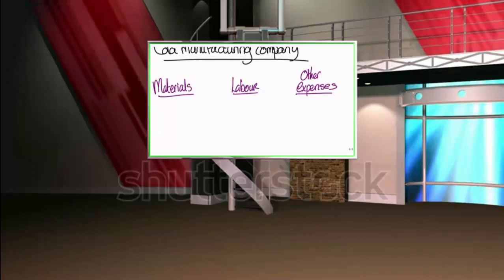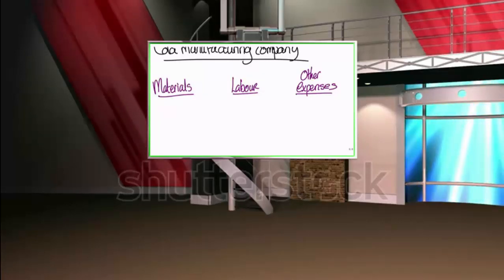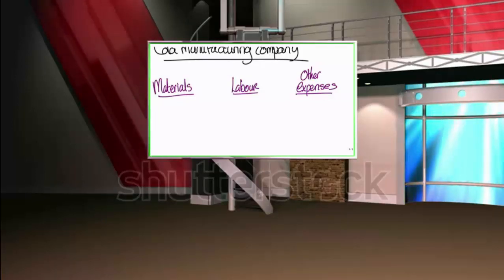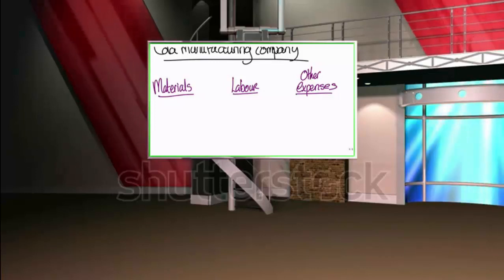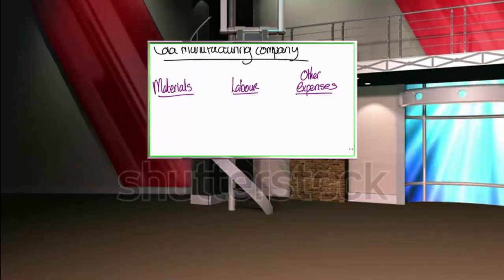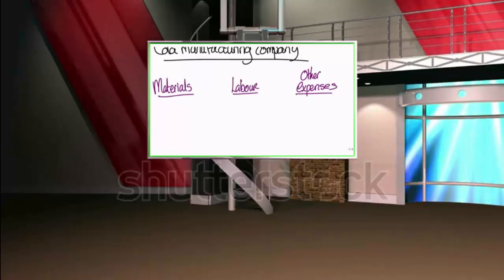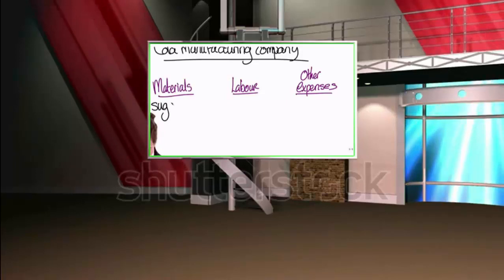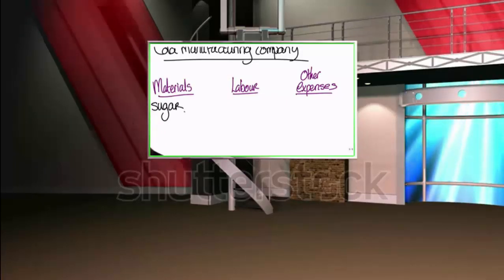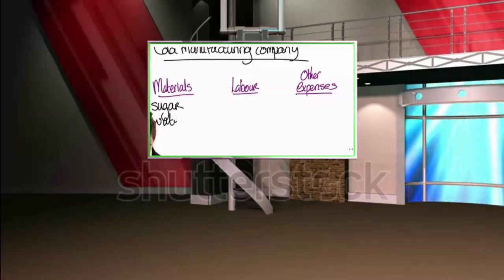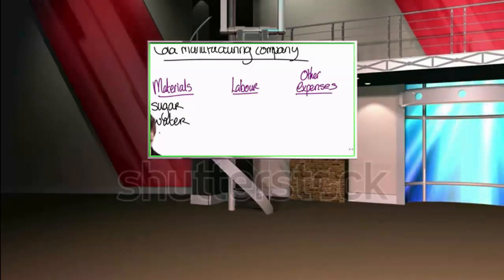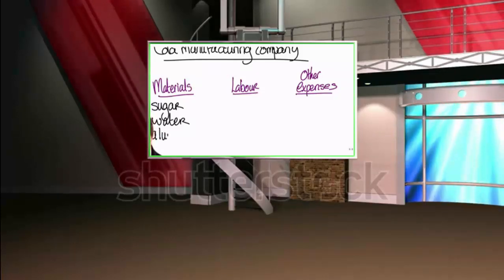So, a cola manufacturing company. What might be the material costs incurred for that company? Well, if we start with the basics, we can think about what material is needed to produce a can of cola. Well, if it's a can of cola, presumably there's going to be an awful lot of sugar in there, water, and we'll need to package our cola. So each one will need an aluminium can.